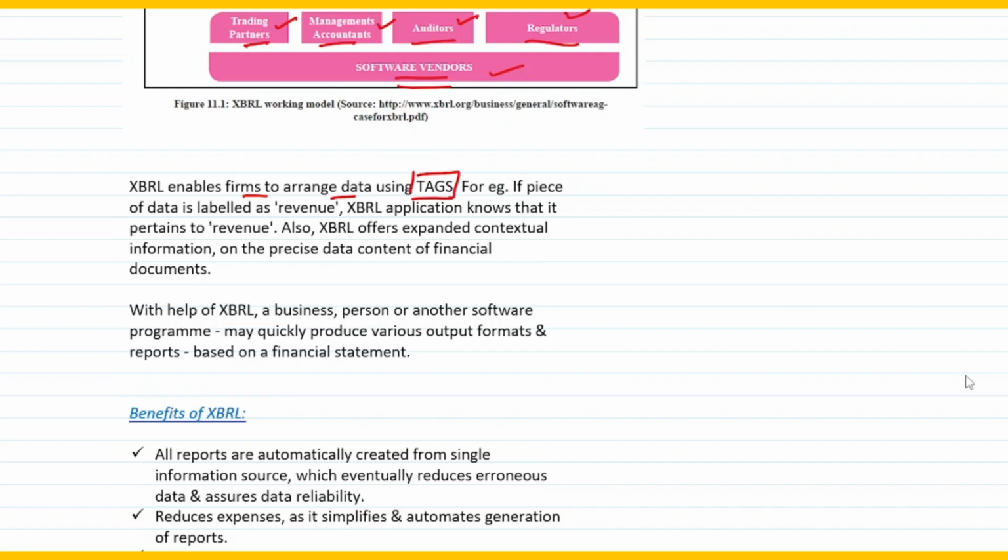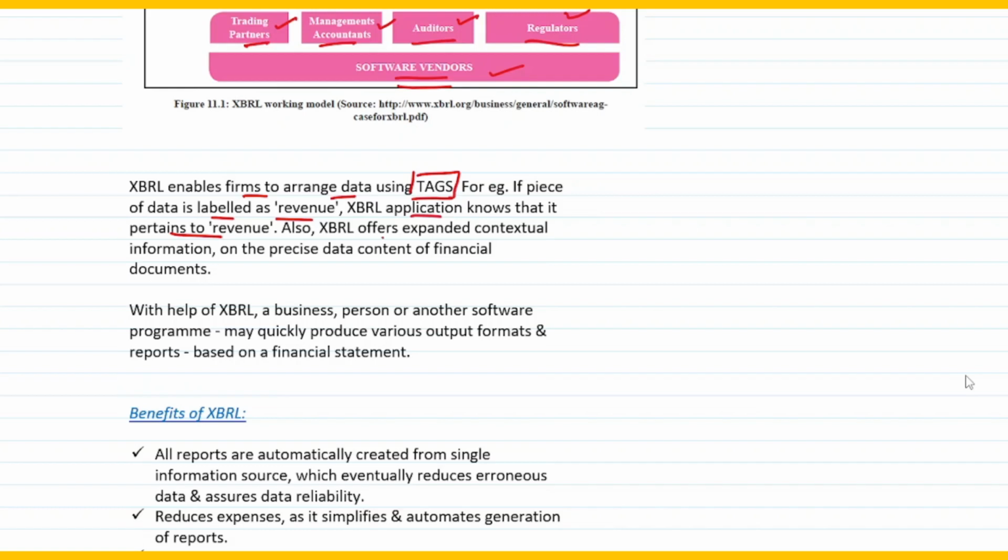For example, if a piece of data is labeled as revenue, that is, you need to arrange it in the revenue scheme of things, then the XBRL application knows that it pertains to revenue, because XBRL has something called a tag, and you attach that revenue to that particular tag. So that's how it is being designed.